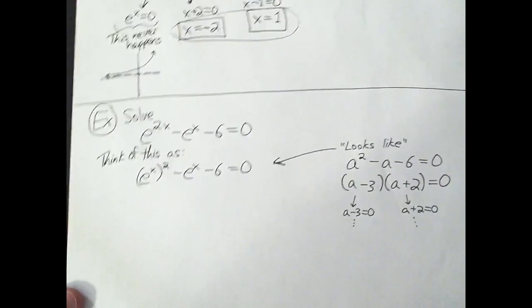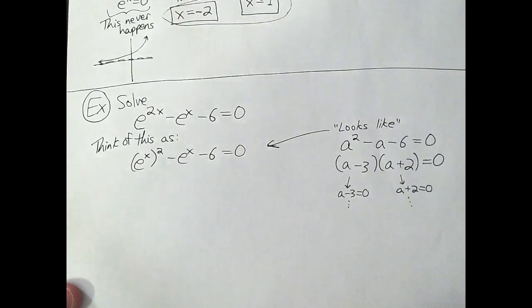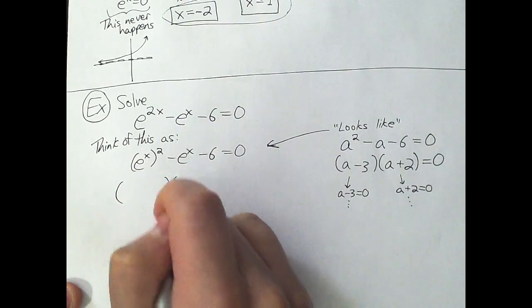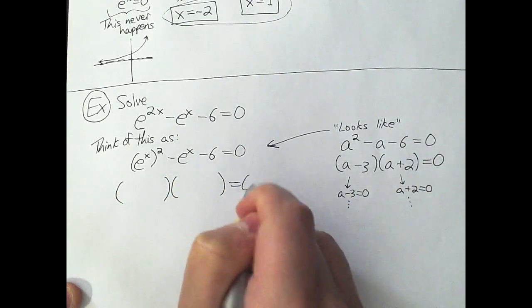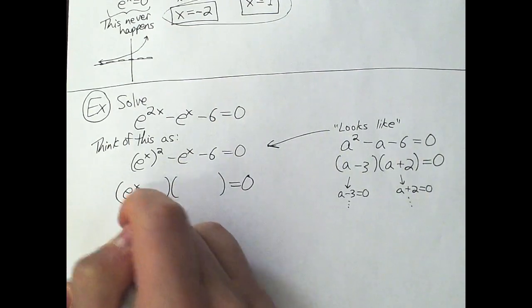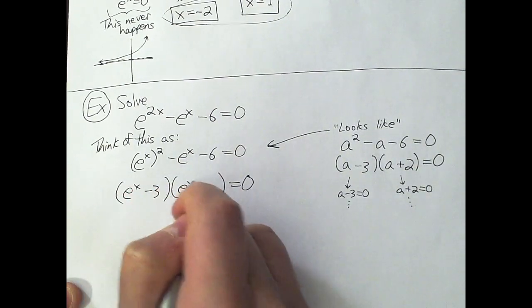And what I want to tell you here for this exponential equation is that we can do the same kind of thing. We can actually do factoring into two pieces where we get e to the x minus 3 and e to the x plus 2.